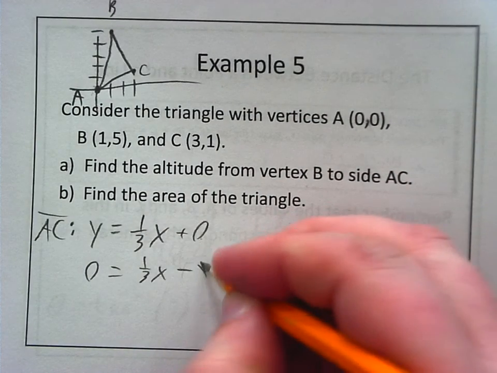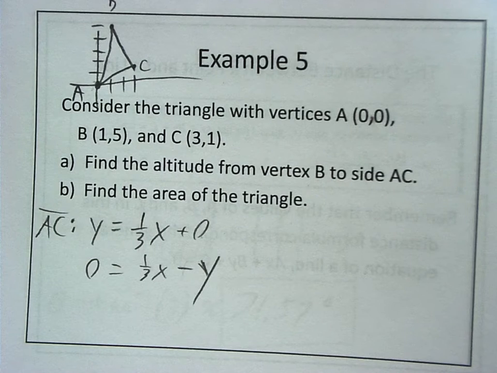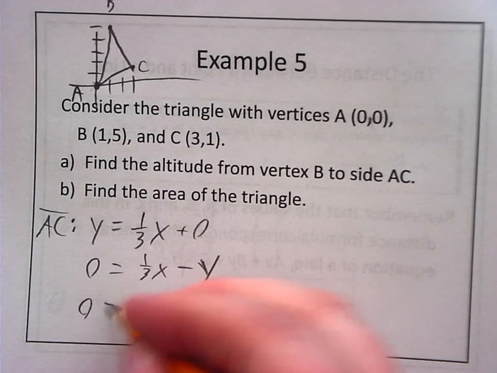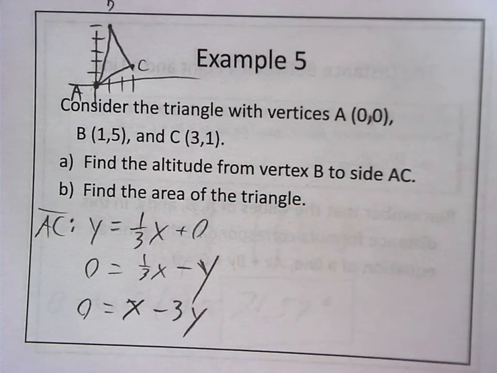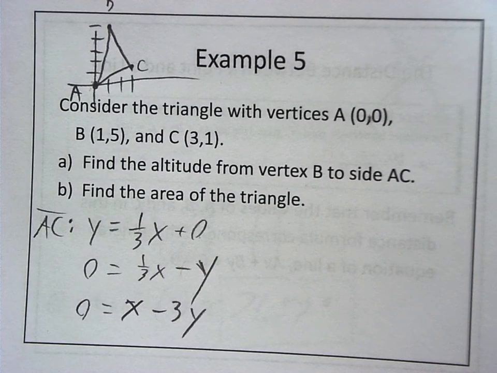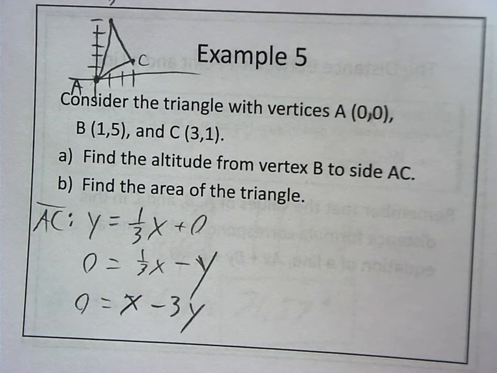I'm just going to leave the 0 off. Now, I actually want to do one more thing with it. If I leave it this way, it'll work, but that means I'm going to have to be using 1/3 the whole time. The fractions get annoying when you're trying to deal with them, so multiply everything by 3. So that's going to give me 0 equals 1x minus 3y. That's just going to be nicer when I try to deal with the equation.